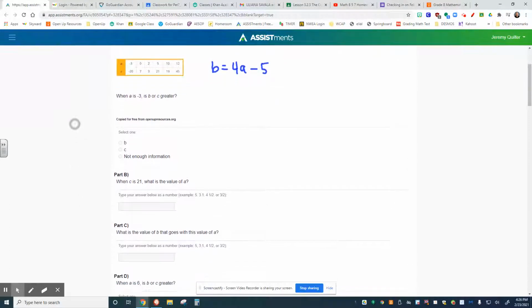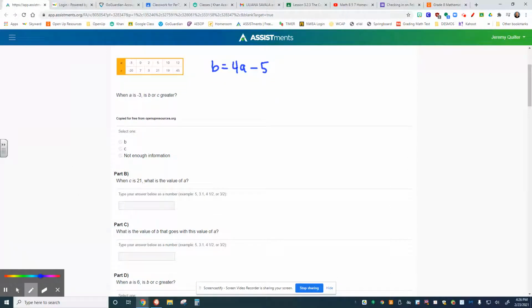The first one asks, when a is negative 3, is b greater or is c greater? So when a is negative 3, c is negative 20. So with this one over here, c is equal to negative 20. And then over here, when a is negative 3, I have 4 times negative 3 minus 5.